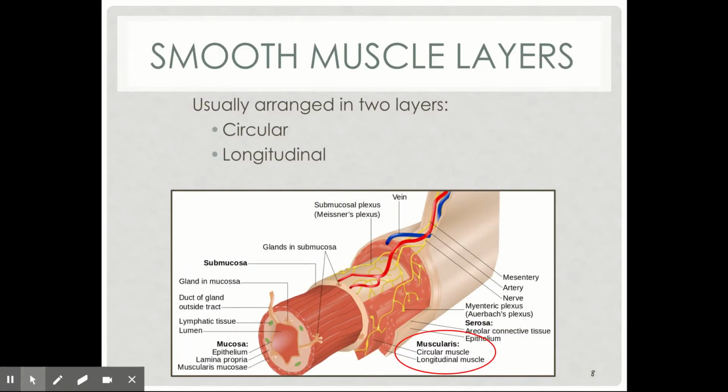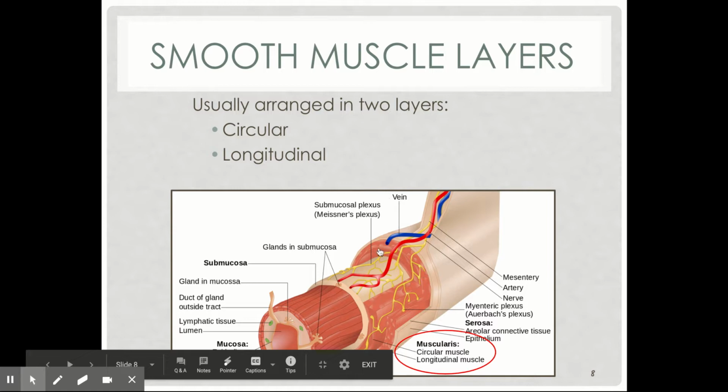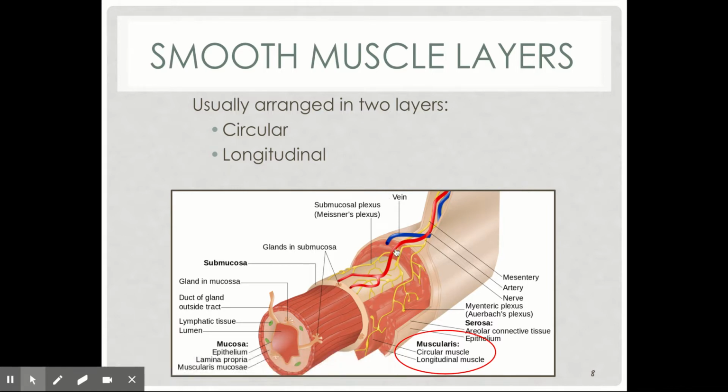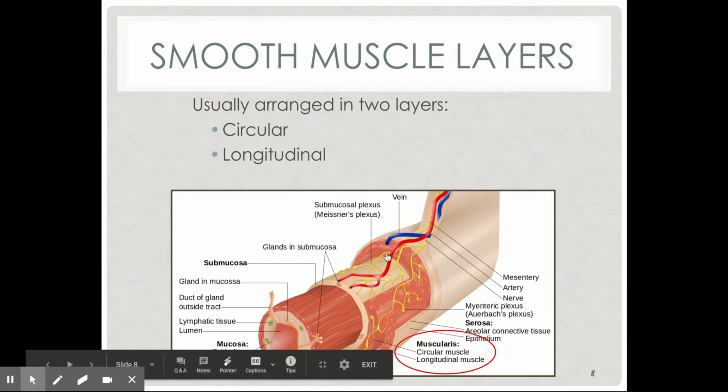There are layers of your smooth muscle. Your smooth muscle does have circular and longitudinal layers. You can see it in this picture here. You can see that there are layers that are piled on top of each other, and those are the circular layers. It's labeled here as your circular muscle or your muscularis.